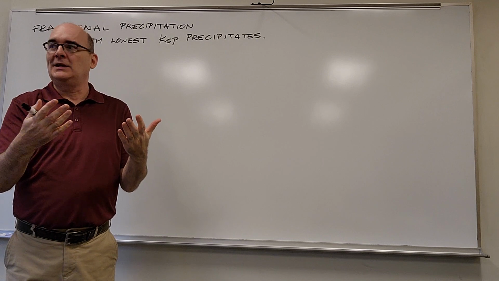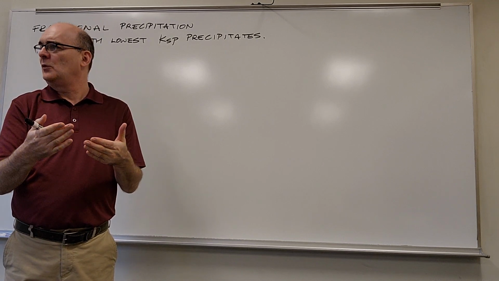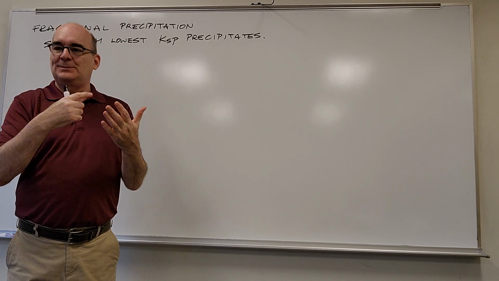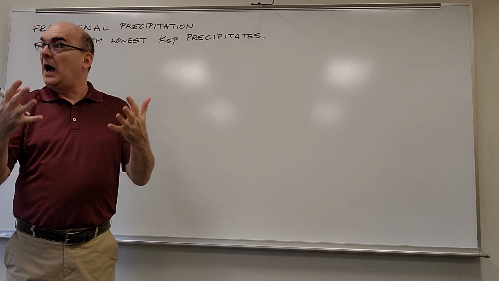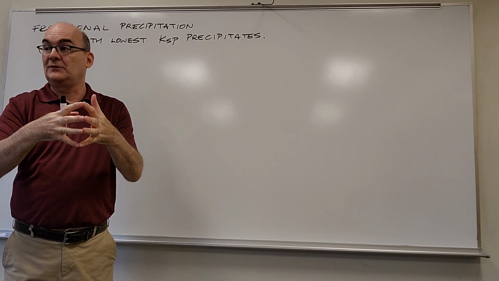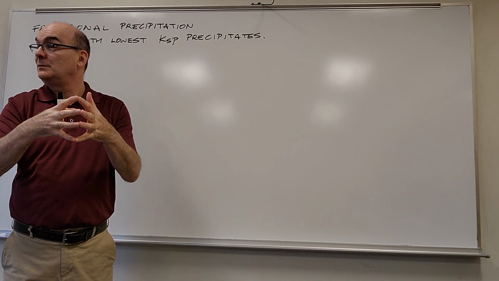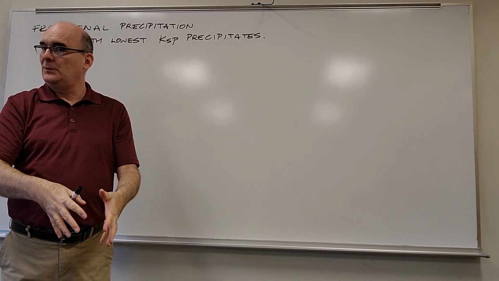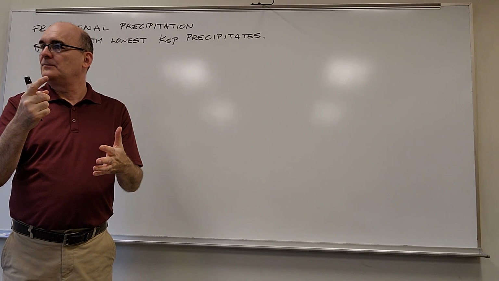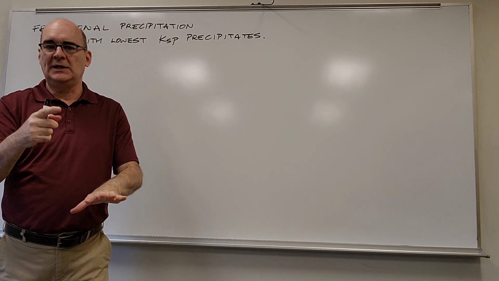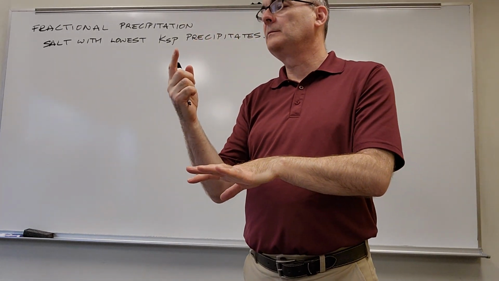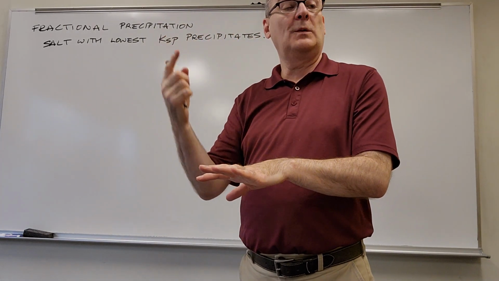The silver iodide is, what is it, 10 million times more insoluble than silver chloride. So we would spin that, let the iodide interact with the silvers, 10 million times more insoluble. It will precipitate and leave the chloride still floating around. Okay? And when all the iodide is gone, then the chloride will precipitate out.